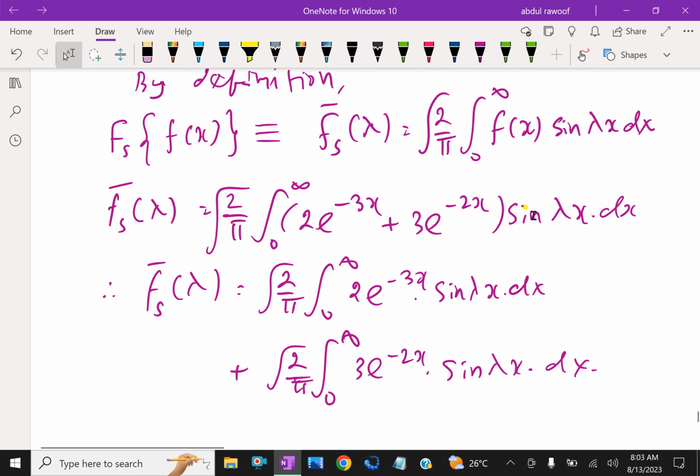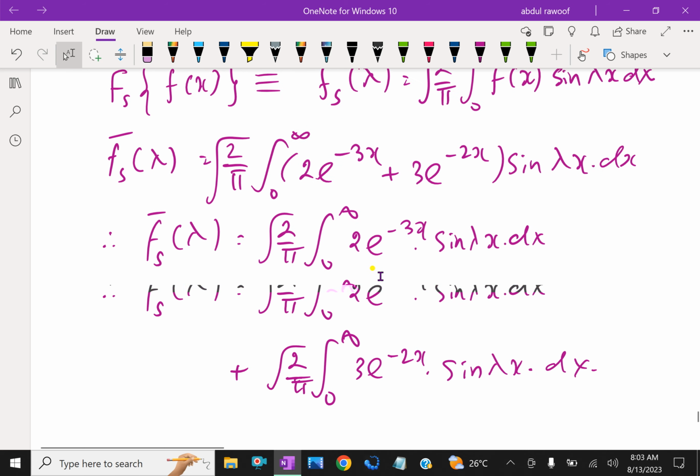That multiplies sine lambda x for these two terms.